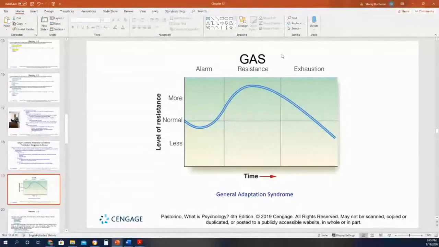There we are. So you're in the alarm phase when you first find out. So you're at less than normal levels of resistance, or hormones, if you want to think of it like that, because your body is on the fight or flight response. I've got to deal with this right now. How am I going to deal with this?